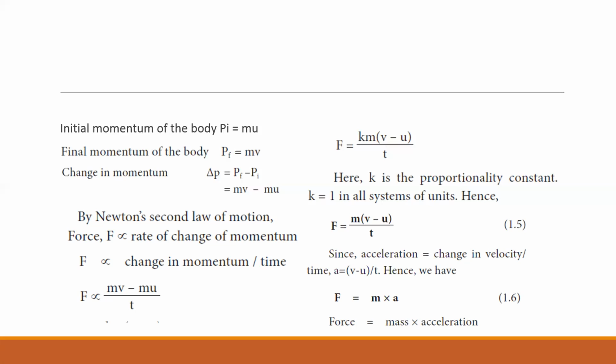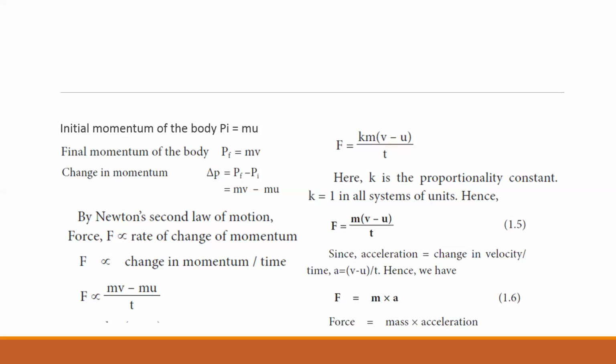Again, I'll tell you: initial momentum is mu because u is the initial velocity, and final momentum is mv because the final velocity is v and the mass of the object doesn't change. So the change in momentum is mv minus mu, and by Newton's second law, force is proportional to the rate of change of momentum, so mv minus mu by t.